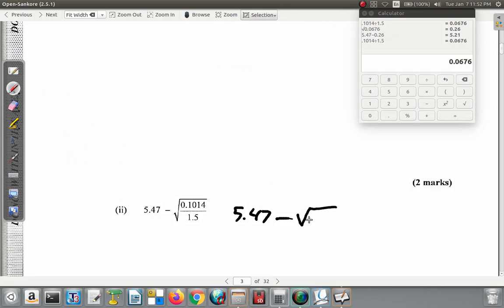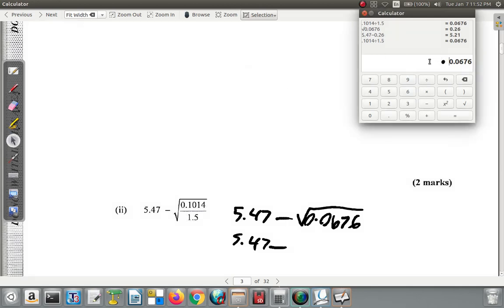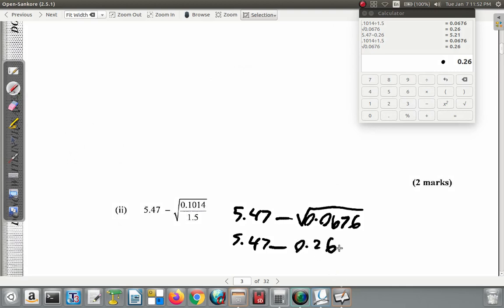This will be the square root of 0.0676. And you say 5.47 minus, you square root this, and you get 0.26. So when you reach here, what you have is 0.26.